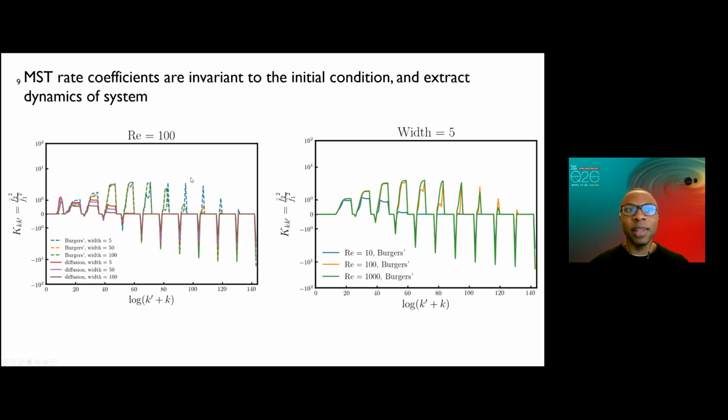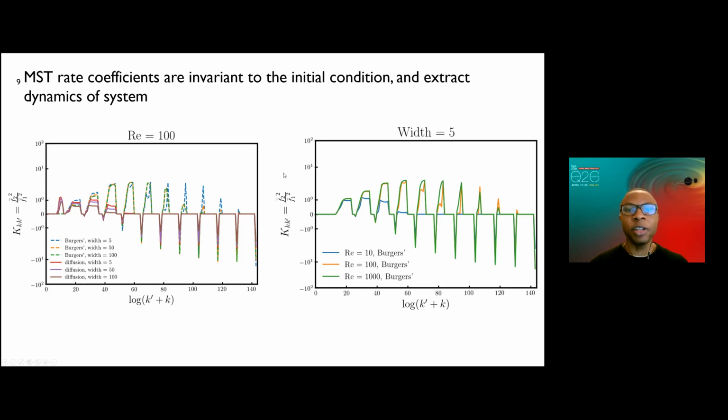Applying this to some simple systems, just the Burgers' equation and the diffusion equation, what we can see is that the initial conditions and the dynamics affect the MST equation in different ways. The MST is largely invariant to the choice of initial condition. By choosing different widths of the Gaussian, you can see that the rate coefficients are largely similar.